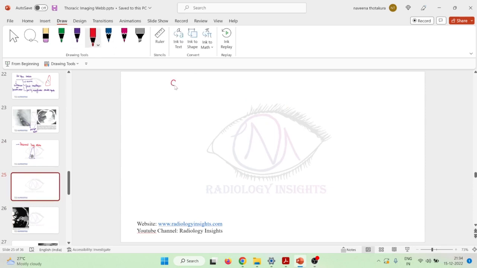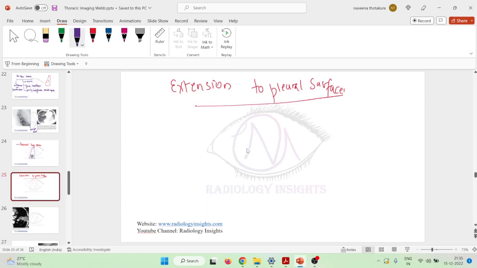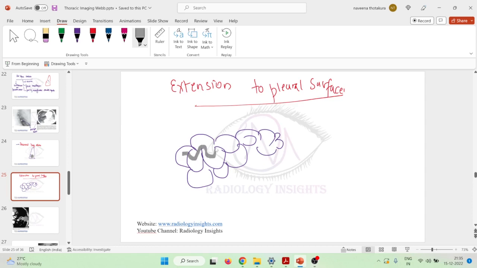Then we have extension to pleural surfaces. In extension to pleural surfaces, if this is one alveolus, the consolidation will start spreading from one alveolus to another alveolus, and finally, at the end, it reaches the fissure.